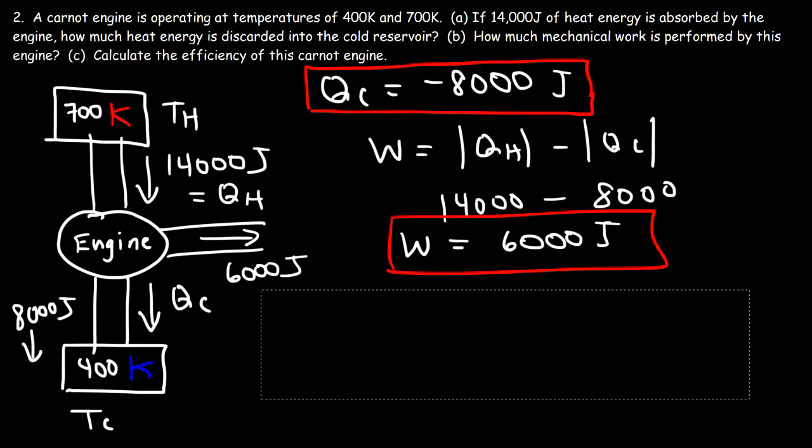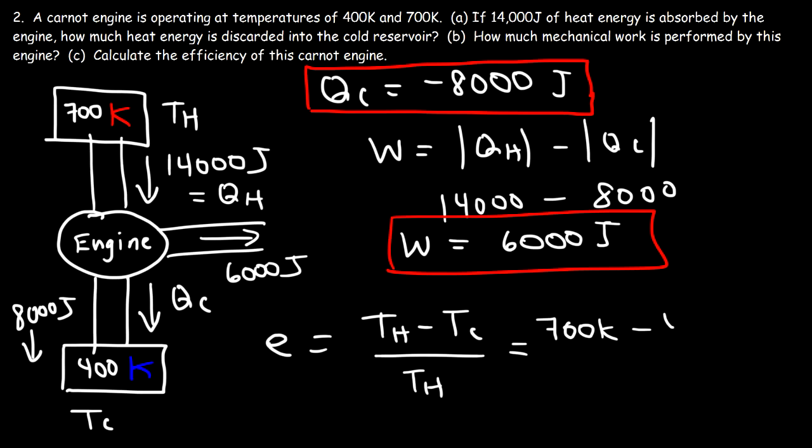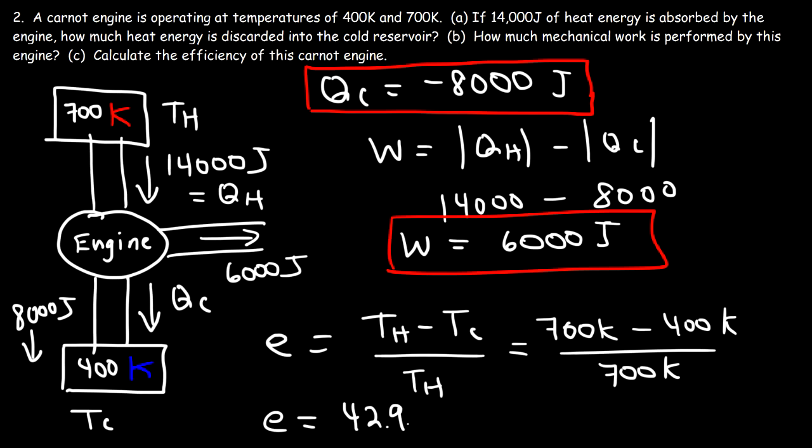Now let's calculate the efficiency of the Carnot engine. I'm going to use a different variant of the equation that I used last time. It's equal to Th minus Tc divided by Th, and this, of course, has to be in Kelvin. So Th is 700 Kelvin, Tc is 400 Kelvin, divided by Th. 700 minus 400 is 300, so it's 300 divided by 700, and so the efficiency is 42.9%.